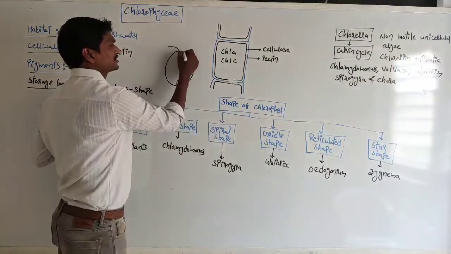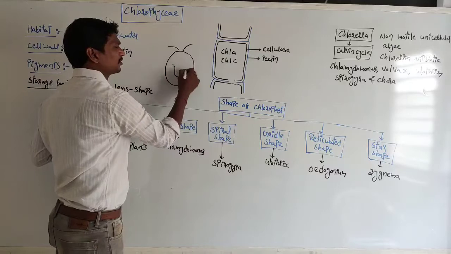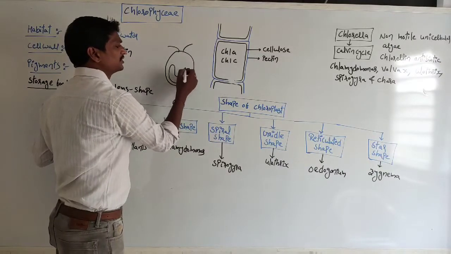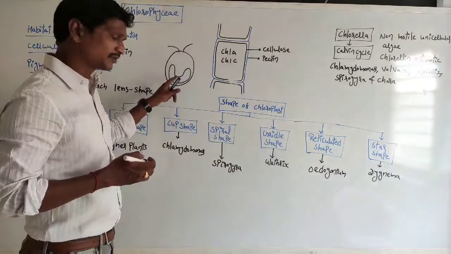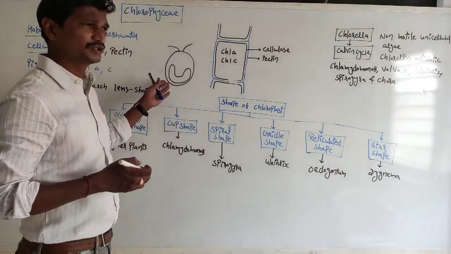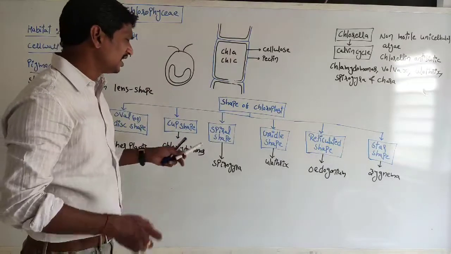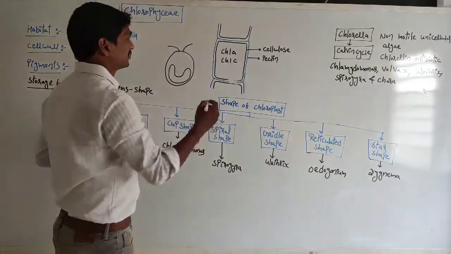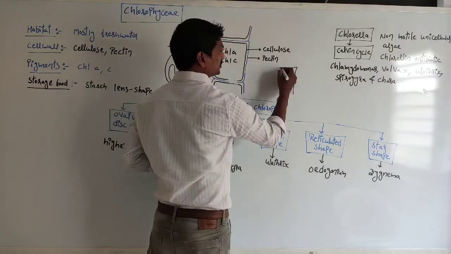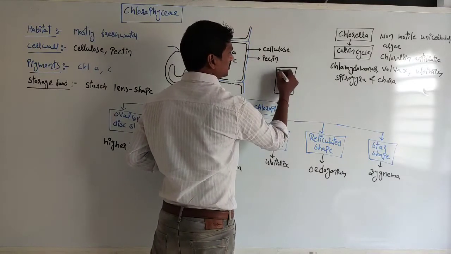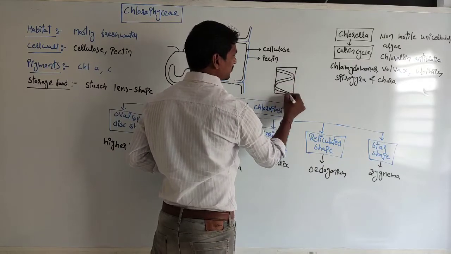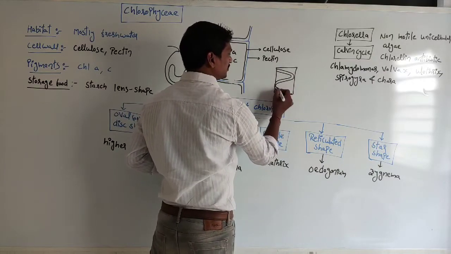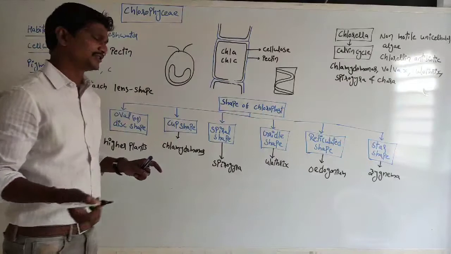In the last class we also discussed Chlamydomonas. In the Chlamydomonas organism, the shape of the chloroplast is cup-shaped. This is a unicellular alga. And the spiral shape: in Spirogyra, suppose this is one Spirogyra, here there is a ribbon-shaped or spiral-shaped chloroplast present.